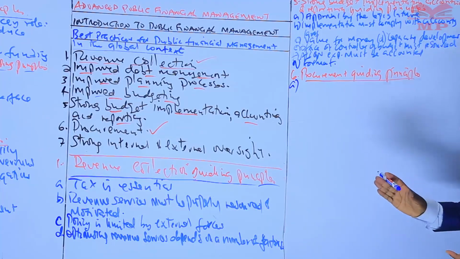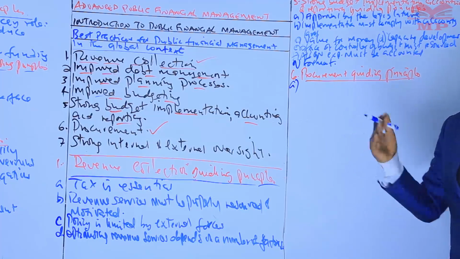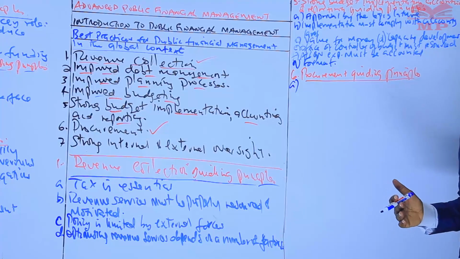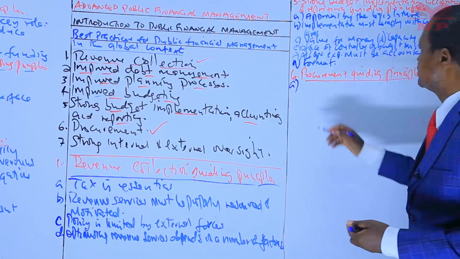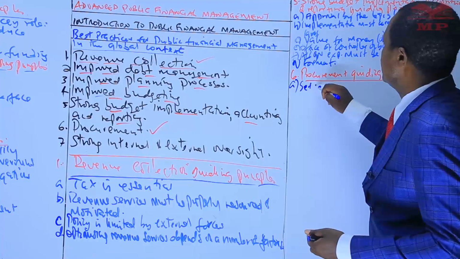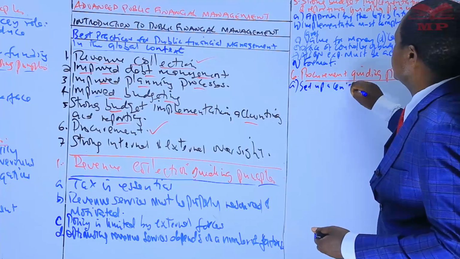Number 1 is that a centralized procurement authority should be set up.